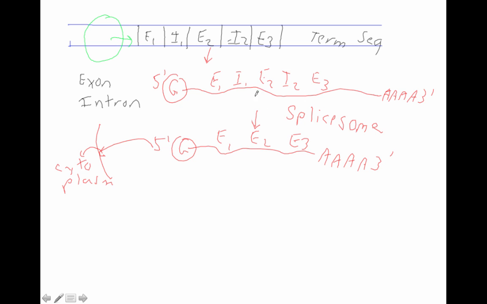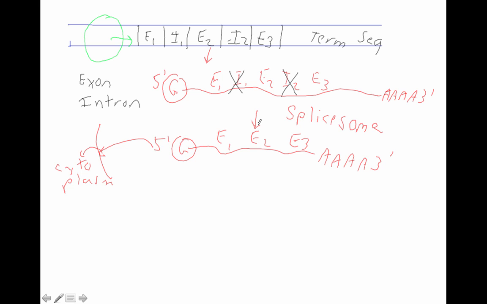And we do that by how we cut out these introns. For instance, the way we made this one is we cut out introns 1 and 2. Right? So to make that messenger RNA, these introns were removed by the spliceosome. And we were left with exon 1, 2, and 3. And this messenger RNA makes some protein that has some function.